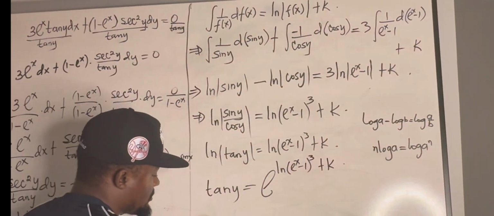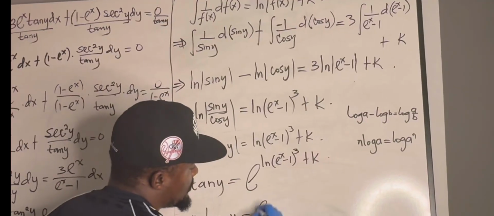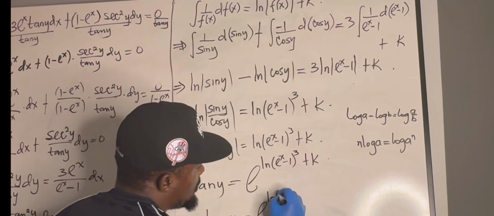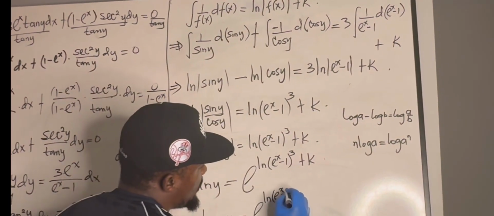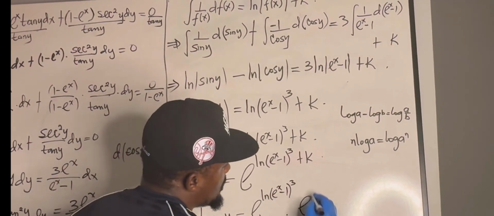This means tan y equal to exponential ln of exponential of x minus 1 to the power 3 times exponential of k.